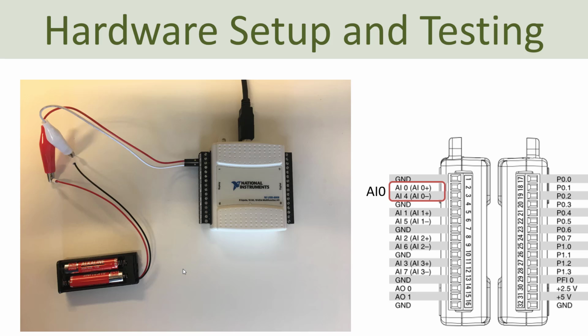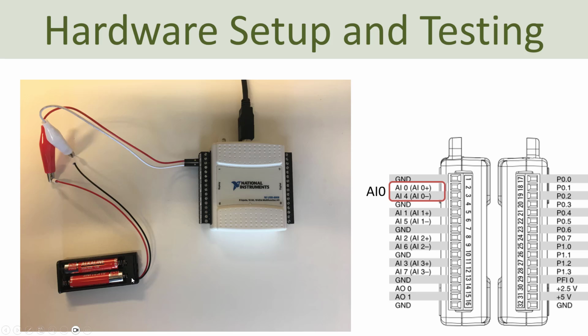Here you see my hardware setup and wiring, for testing the analog input example I'm going to create in LabVIEW. I've just wired a battery package to analog input pin number 0, and I have used so-called differential wiring.